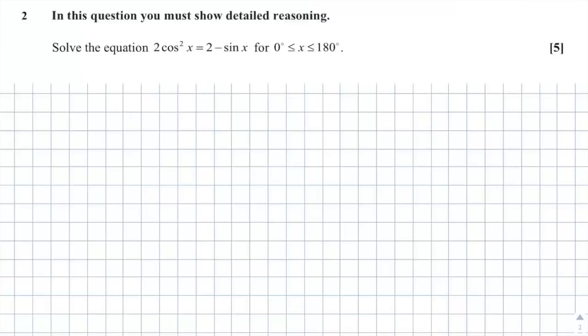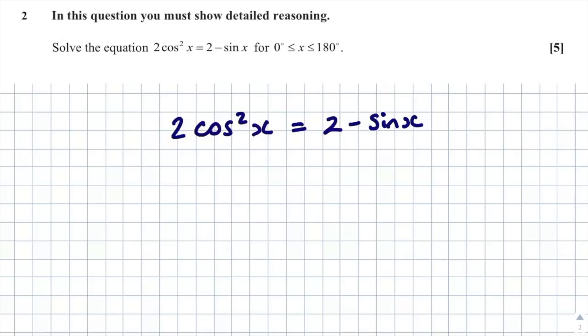Question 2, we need to solve the equation 2 cos squared x equals 2 minus sine x for the x values between 0 degrees and 180 degrees. So, if we write out this equation, the first thing we need to do is rewrite cos squared x in terms of sine.